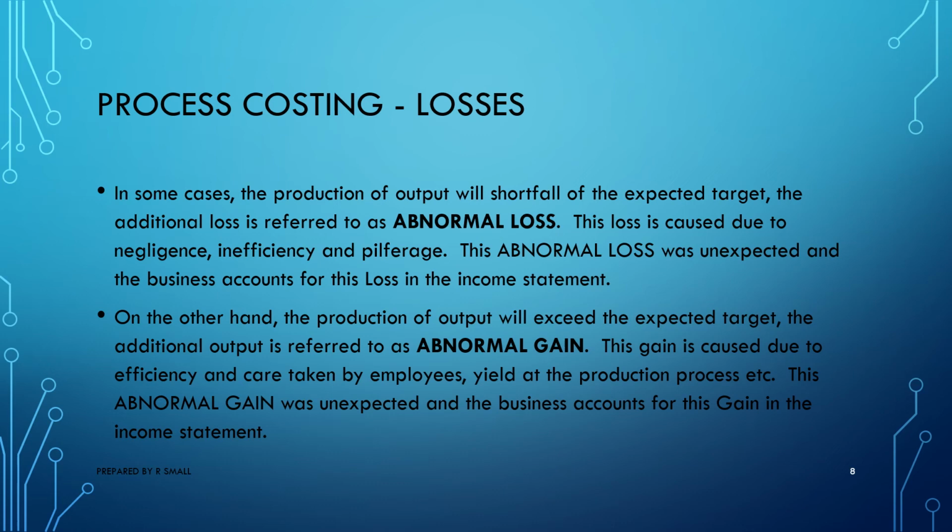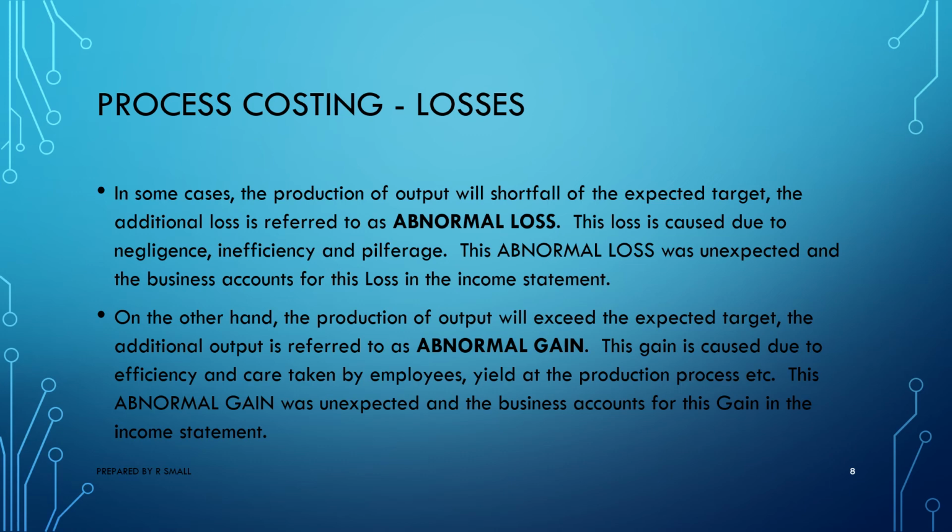This particular loss is referred to as an abnormal loss, and it is due to things like negligence, inefficiency, and pilferage. In other words, the workers may have been negligent, they weren't doing their due diligence, and you lose some of the product. They were not as efficient with the materials as they're supposed to be, and you didn't get what you wanted from what you inputted.